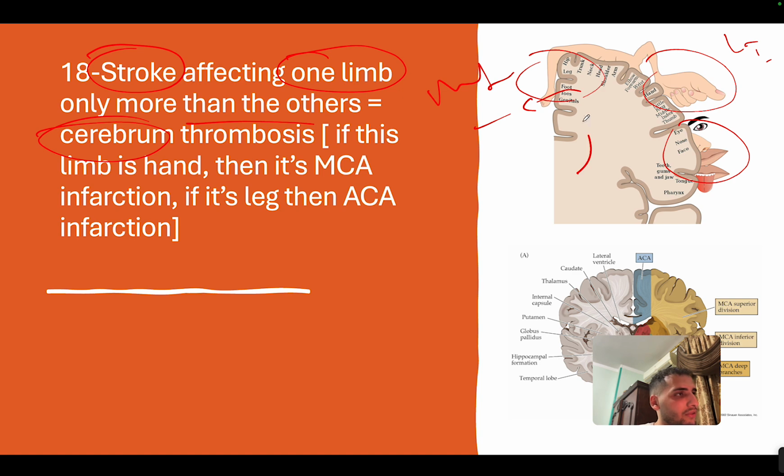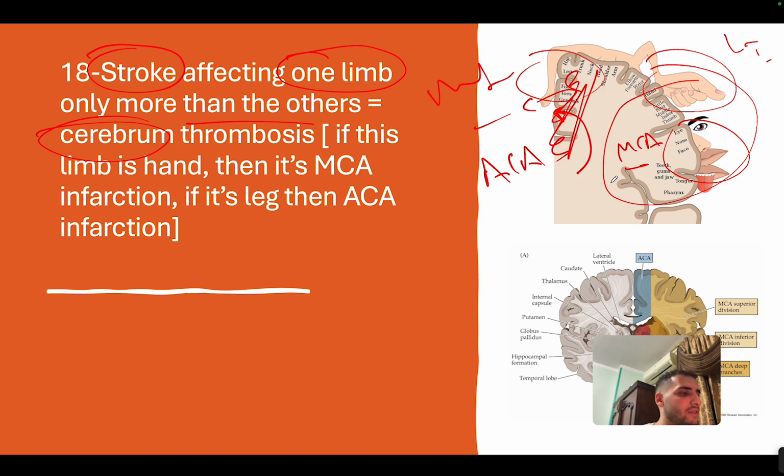Usually the artery that supplies this medial side is the anterior cerebral artery, and the artery that supplies the arms and the face is the middle cerebral artery, okay? So it's extremely hard, if there is a thrombosis, for it to happen in more than one of these arteries. So it would either cause only a leg problem or only hand or face problems, okay? It wouldn't cause the two problems together.